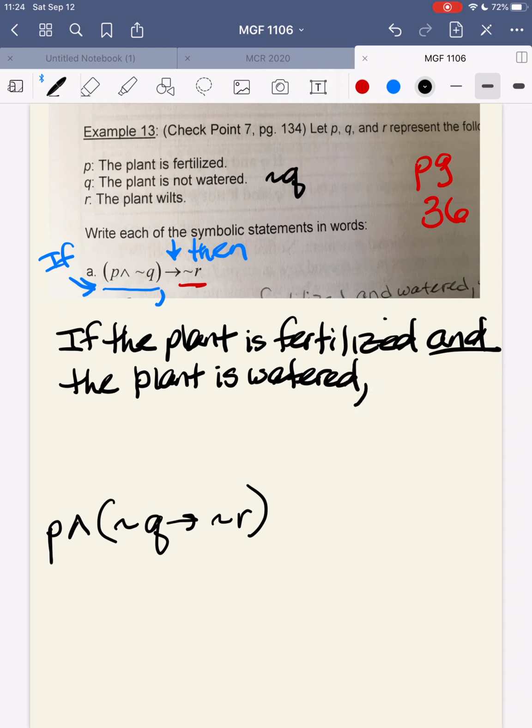Comma, the word then, and my not R. My R is the plant wilts, then the plant does not wilt.